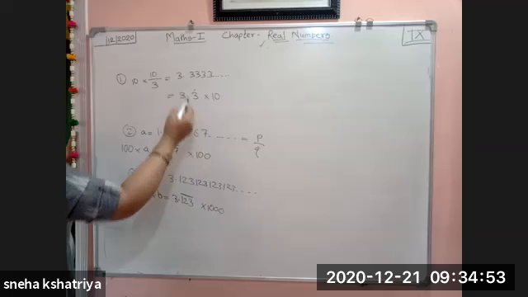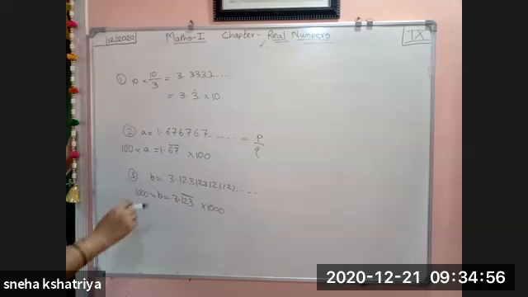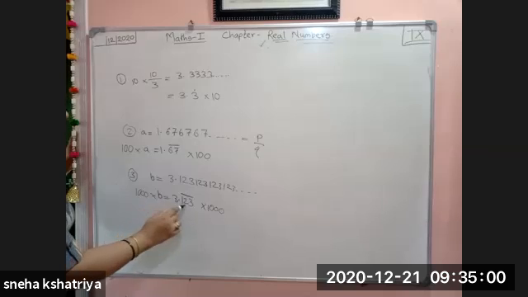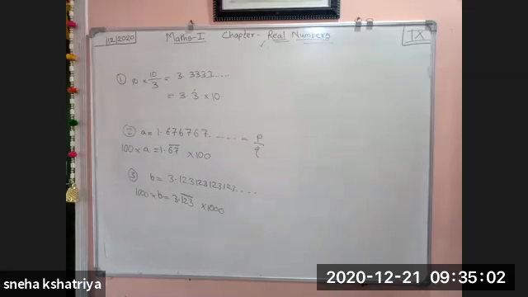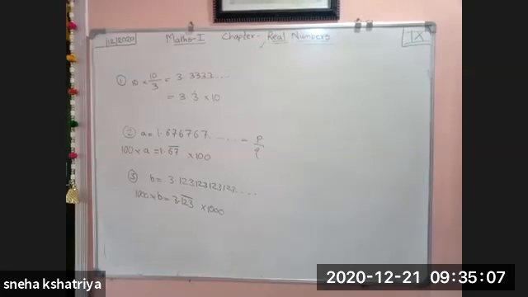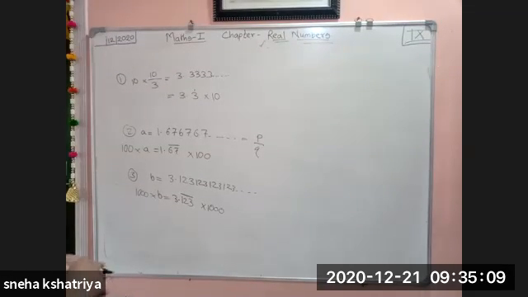As the numbers repeat, if one number is repeated, multiply by 10. Two numbers are repeated, multiply by 100. Three numbers are repeated, then multiply by 1000. So according to that you have to multiply.